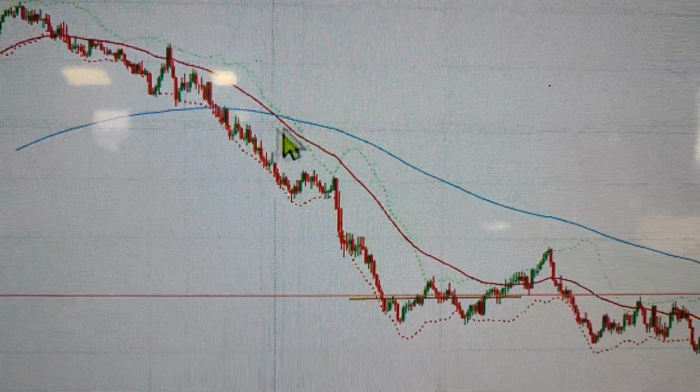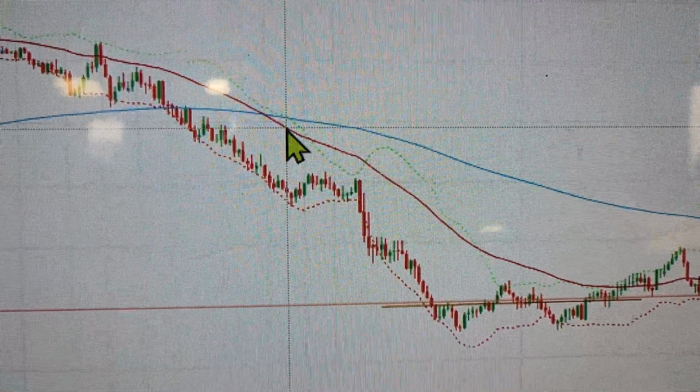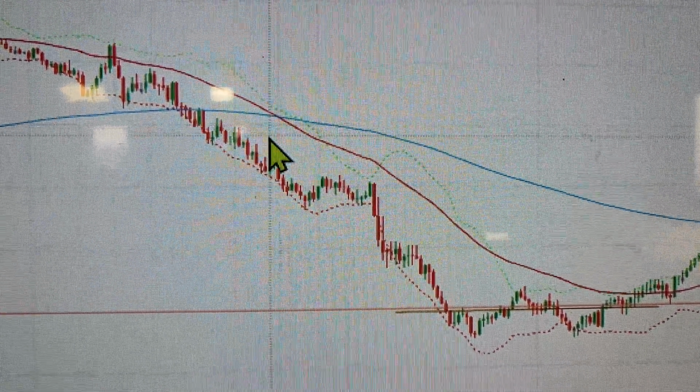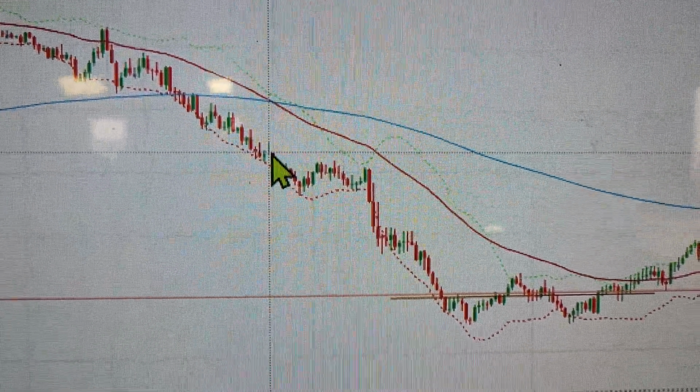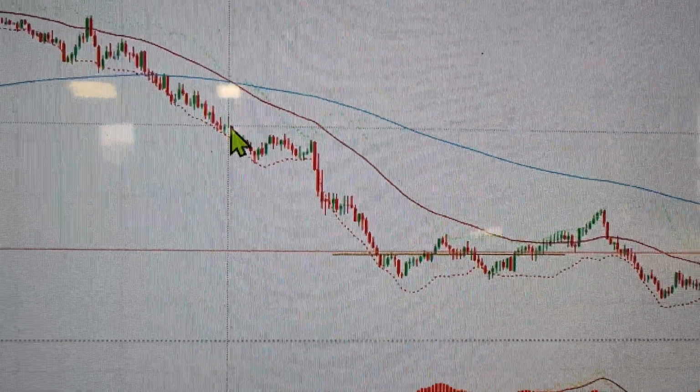So once I see that confirmation that the blue clearly crosses over the red, 200's got to be above the 50, this is when I'm going to place a short, whether it be 1 contract, 5 contracts, 10 contracts, whatever the case may be.